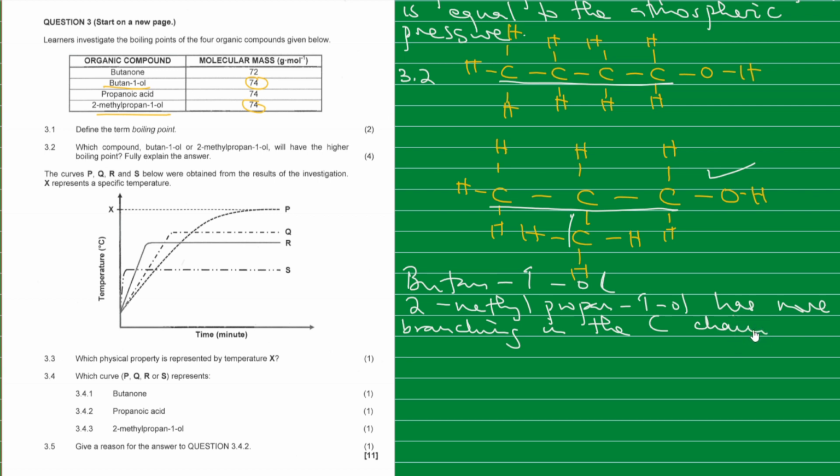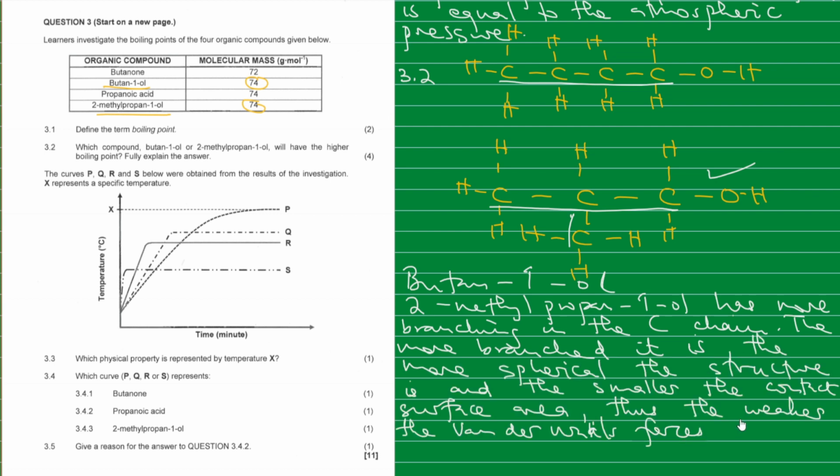If it has more branching in the carbon chain, what effect does this have? The more branched a carbon compound is, and we are saying here that 2-methylpropanol has more branching in the carbon chain.